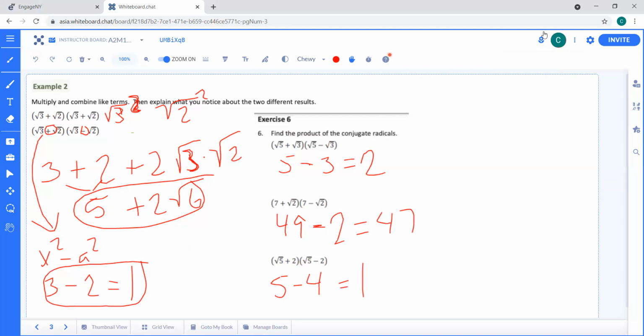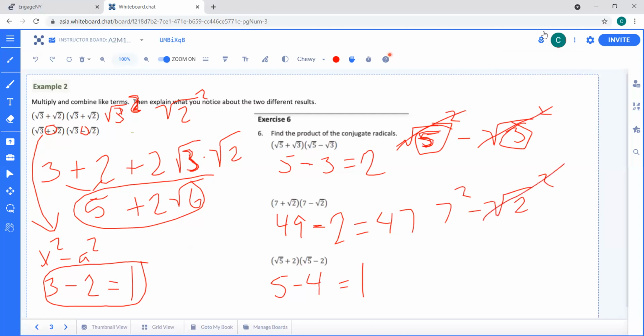And we know that. All right, so let me just show you how I know that. The square root of 5 squared, these cancel and leave me with 5. Here again, the square root and the square cancel and just leave you with 5 and 3. Here, the 7 is not the square root, so we have 7 squared minus the square root of 2 squared.